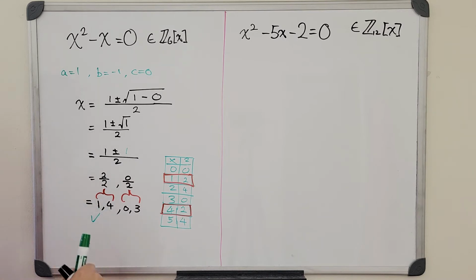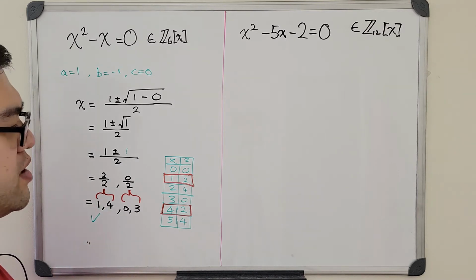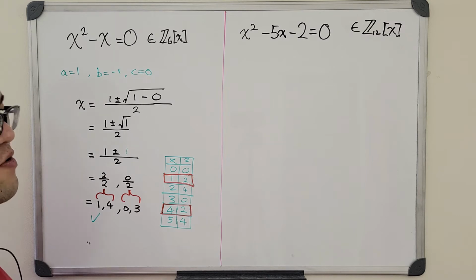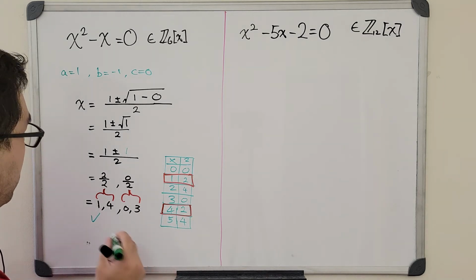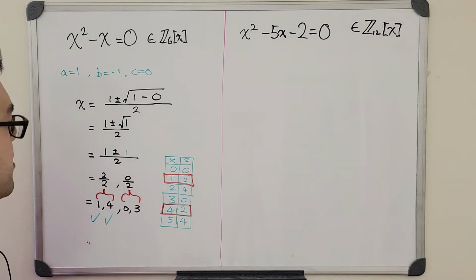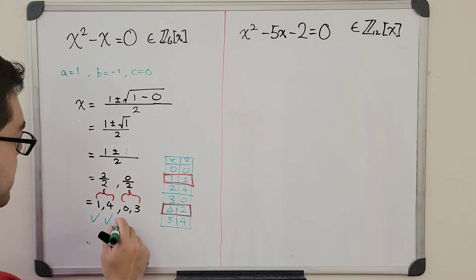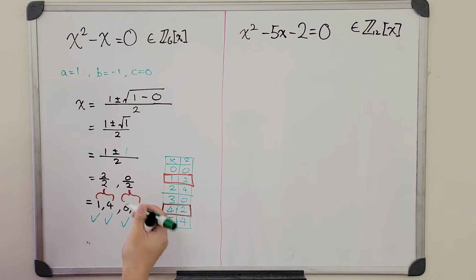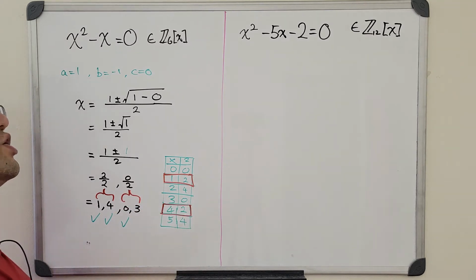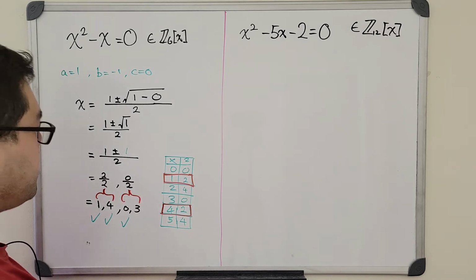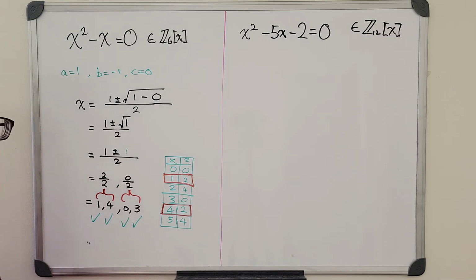How about 4? 4 squared is 16, but again, we'll reduce it down to 4, minus 4, which will also give us 0. Good. 0 squared is of course 0, minus 0 is 0. Last, we have 3 squared minus 3. But 3 squared is 9, but 9 is just 3 in this case. Minus 3 is 0. All right, good.